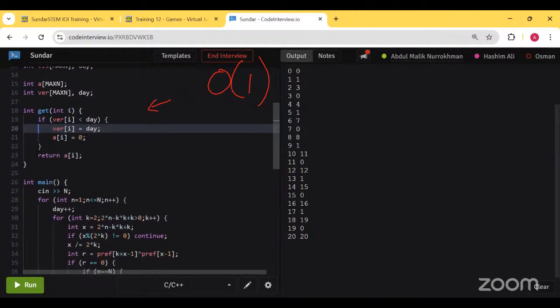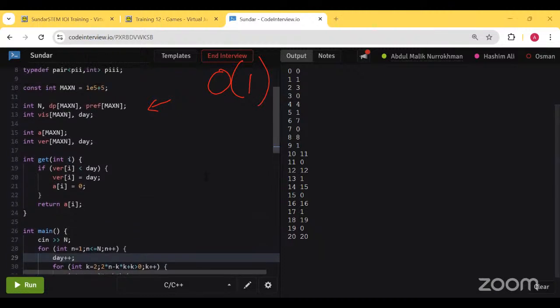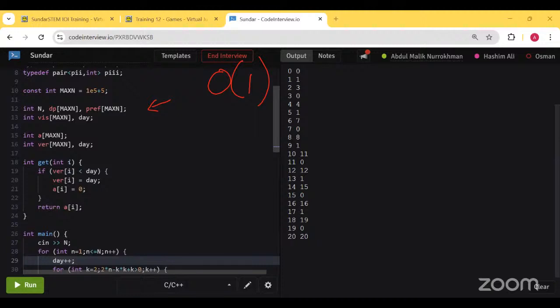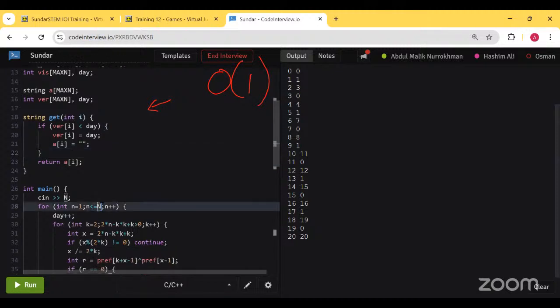And in order to memset, just j++. Is it correct? Yes. And also for other data types, for example string, we can also use this. All right, that's one beautiful way to memset an array in just O(1).